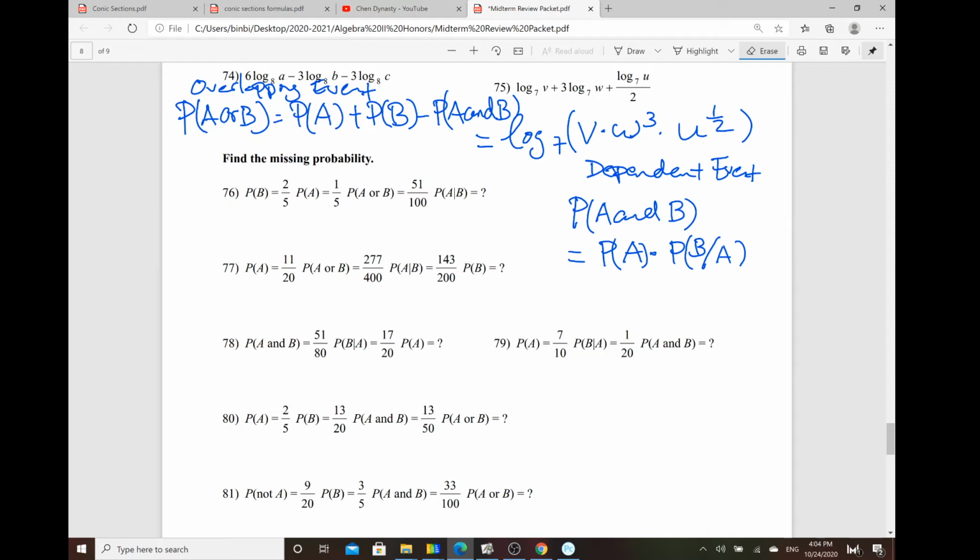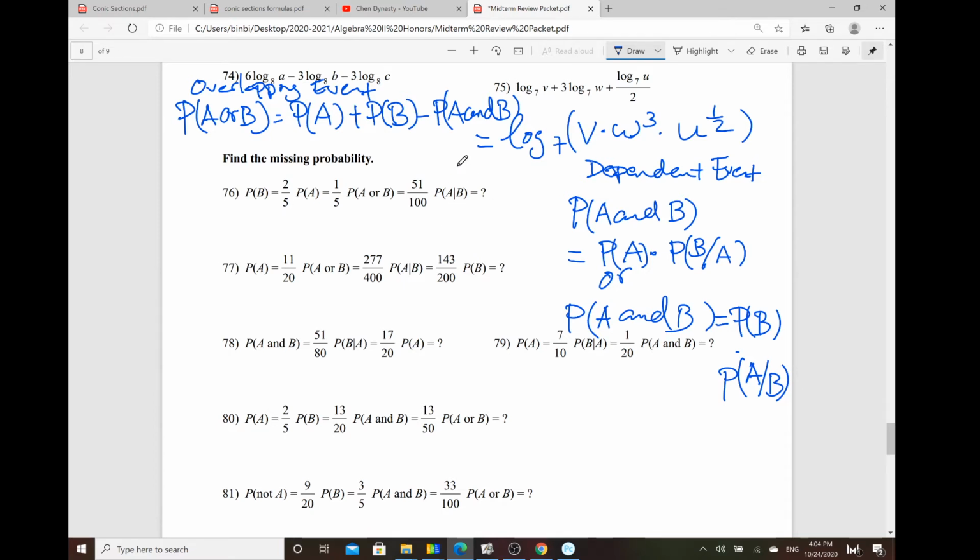So first thing that you want to do, so you want to find out the, well, in other form, probability of A and B could be the probability of A times the probability of B, probability of B times the probability of A based upon B. So that's the alternate form.